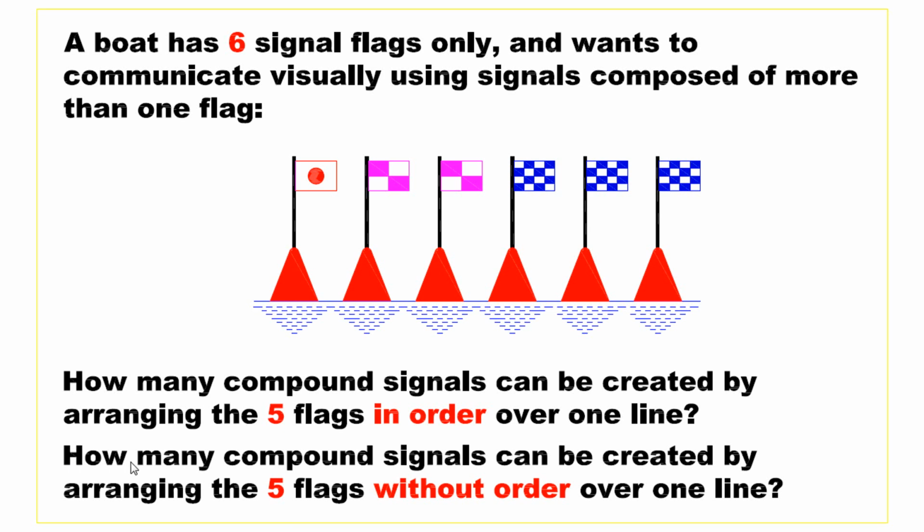And how many compound signals can be created by arranging the 5 flags without order? So we have 6 flags here. We want to compose a signal out of 5 flags only, once in order and the second time without order. We will see that in the next video.